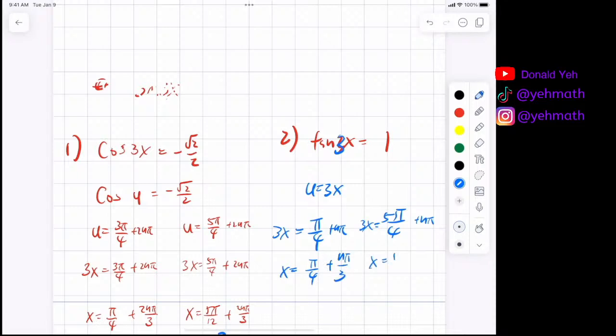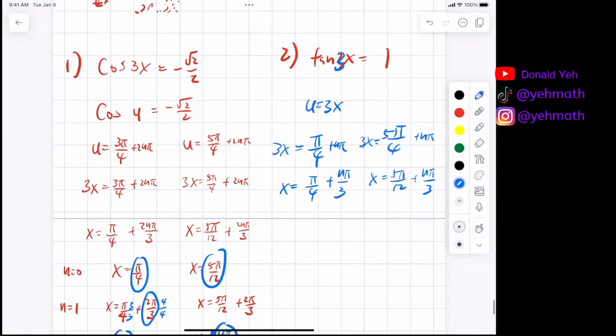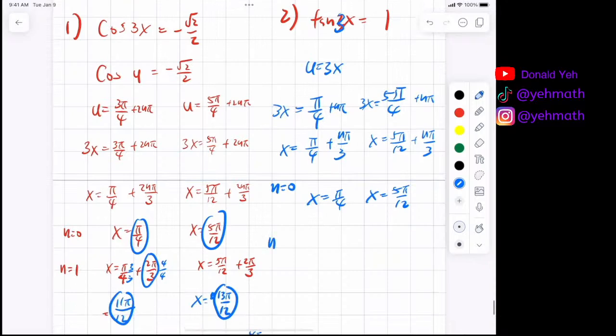And this is x equal to 5 pi over 12 plus m pi over 3. Now you're gonna go into practice. n equal to 0, x equal to pi over 4, x equal to 5 pi over 12. But it seems like you only have 2 answers right now. You're supposed to get 6. But the problem is some of them are going to give you a repeated answer. n equal to 1 is what?